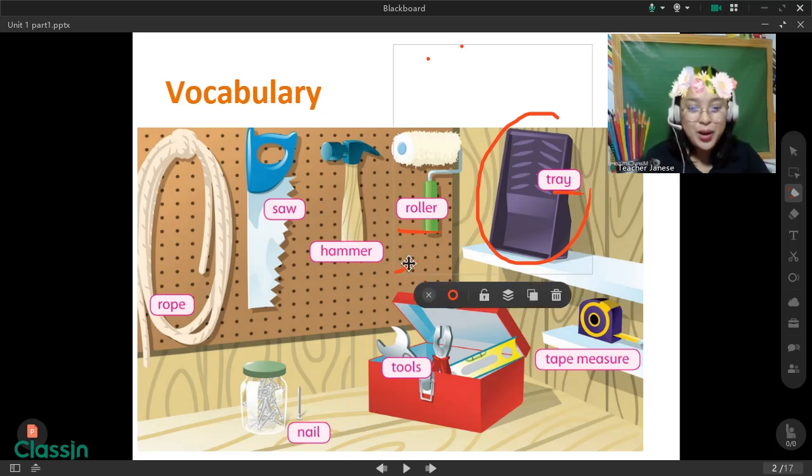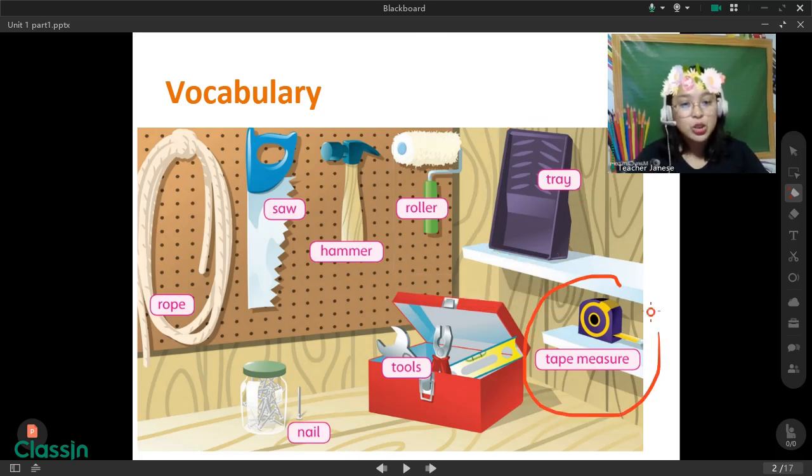Okay, that's great. And the last one is tape measure. Okay, tape measure. So a tape measure is a flexible measuring tool consisting of a ribbon of cloth, or it could be plastic, or sometimes most tape measures are made of a metal strip, right?